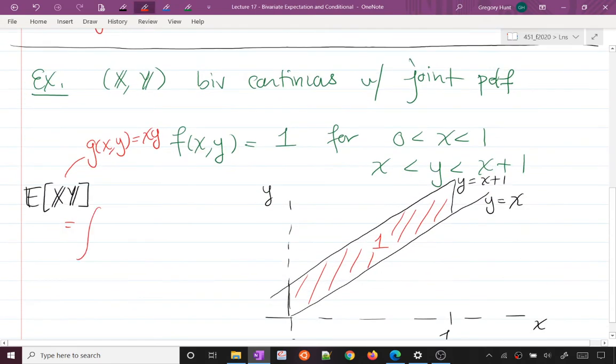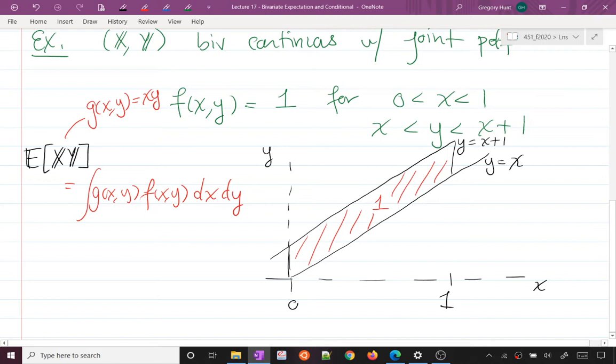So this is the integral of g of x, y times my joint PDF f of x, y, and I integrate with respect to both x and y. And in this case, let's write this out. It's going to be a double integral.